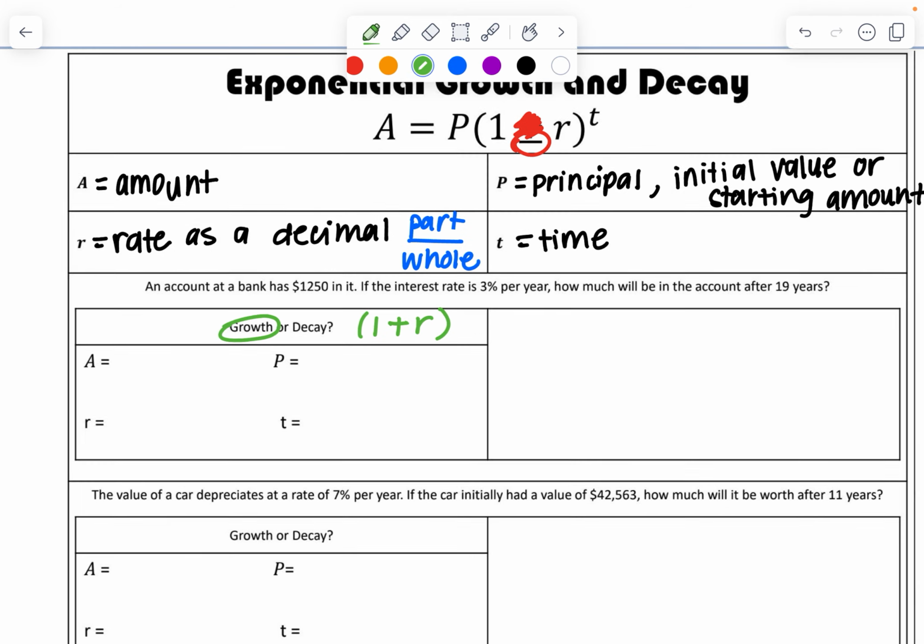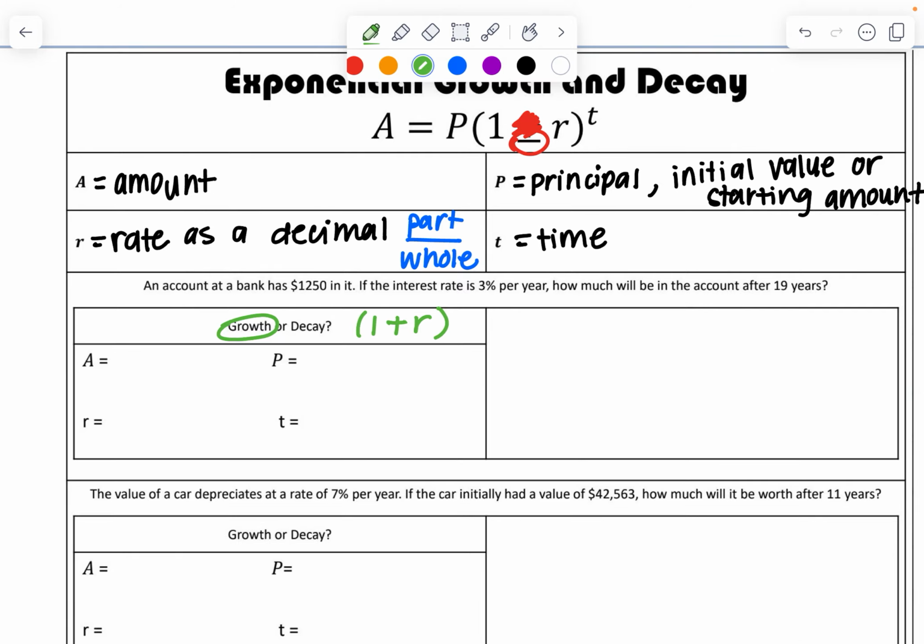Then I just like to write out what we have from the word problem. So A, we don't know what that is right now, but I do know P, my starting amount. My account at the bank has $1,250 in it, so I put $1,250 right here. I do know my interest rate is 3%, so I'm going to do 3% divided by 100%, and that's 0.03 as a decimal.